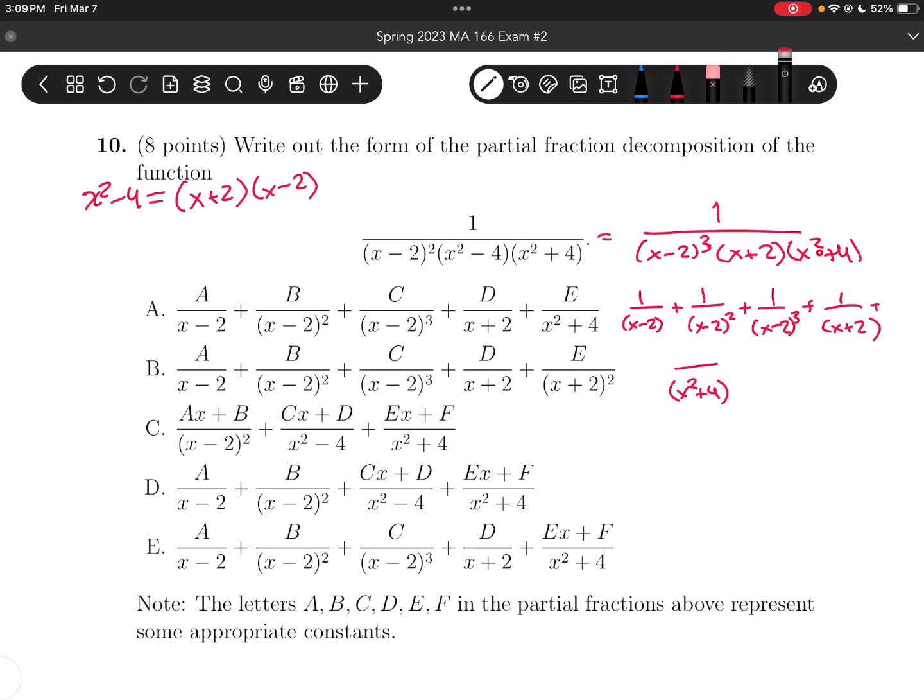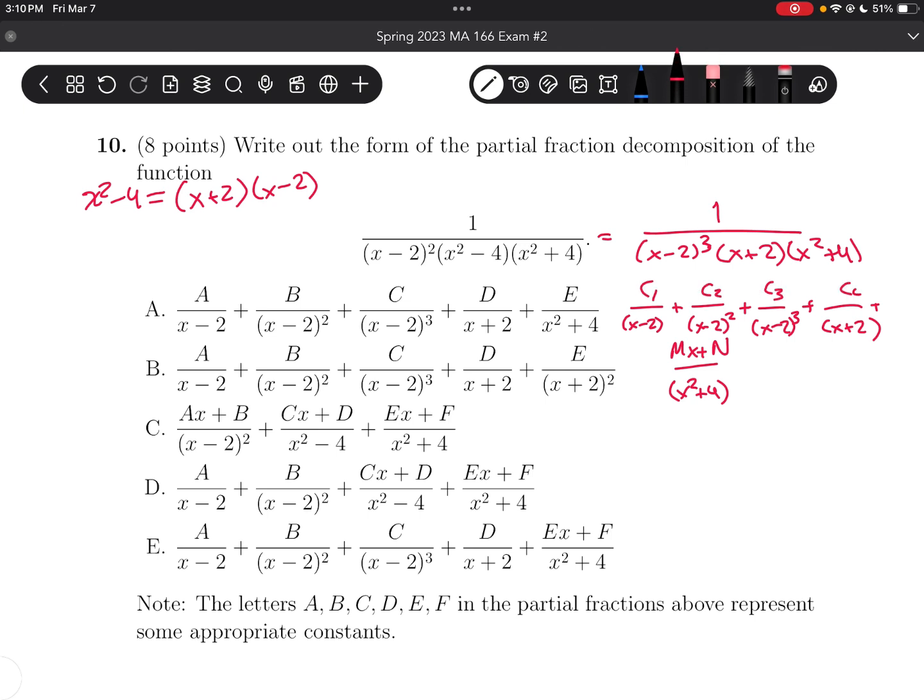However, since the degree of this polynomial is 2, the polynomial in the numerator has to be of degree 1, which would be in the form mx plus n. So basically x plus a constant. So according to what we have found here, oh, and I wrote 1 over x minus 2 here, but technically they would each need to be constants.